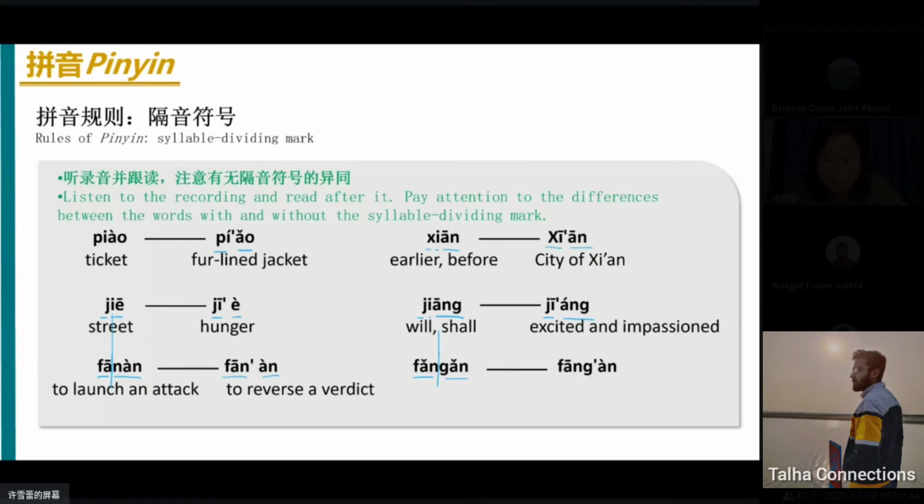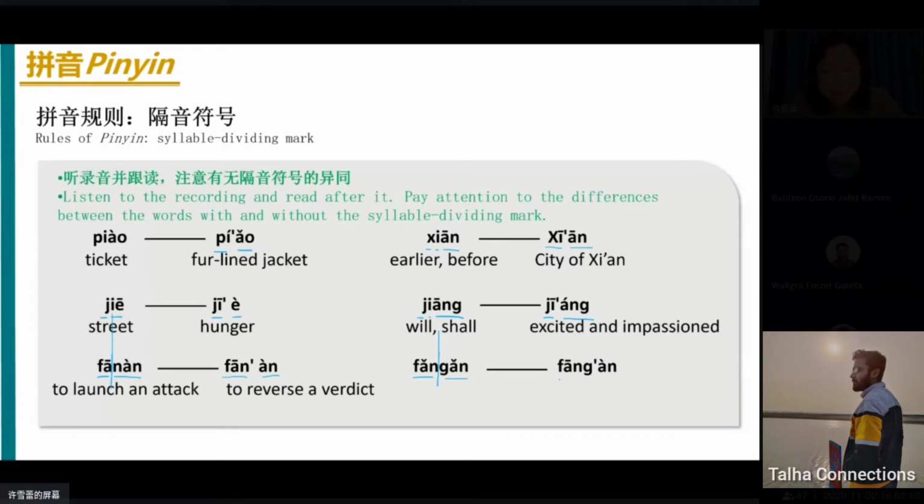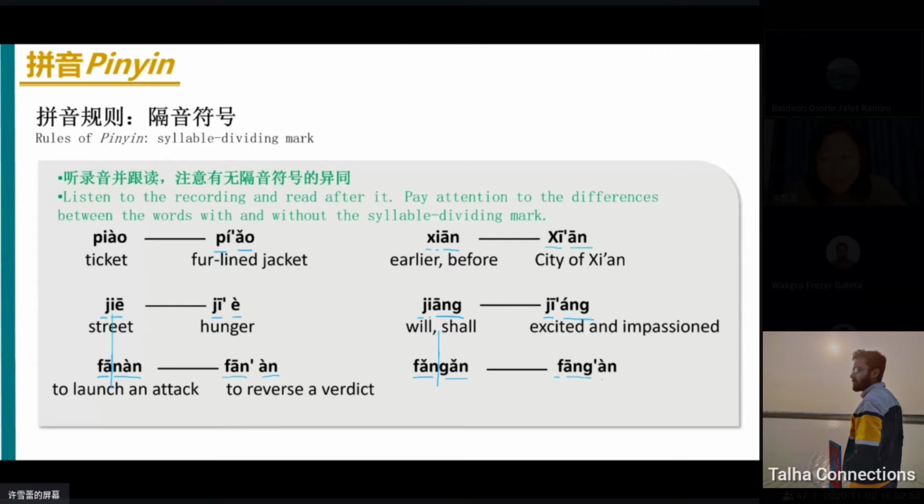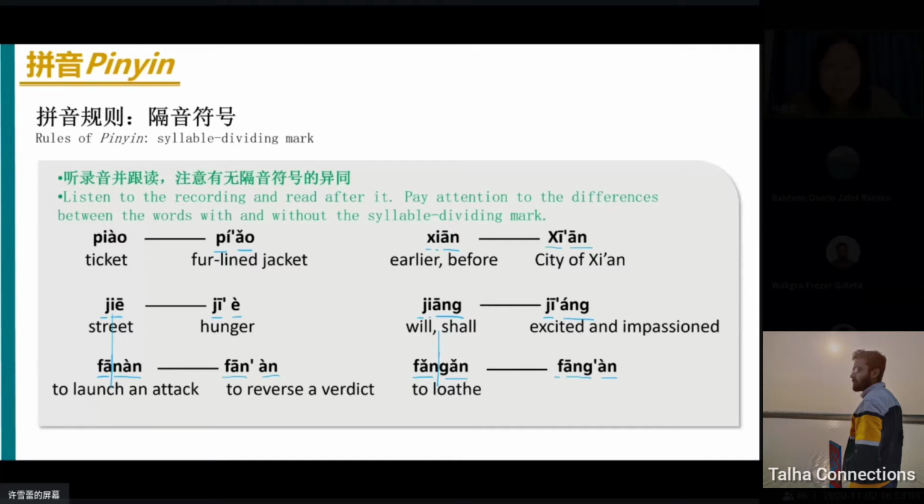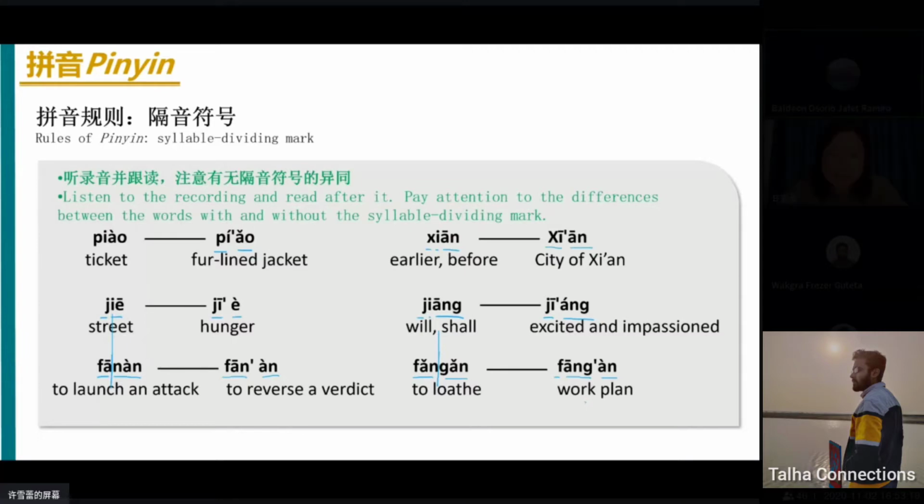But if we put the dividing mark here, now they will be read in a different way. 方安方案 方案. So 反感 it means dislike or to loathe. 方案 it's work plan, it's a plan.